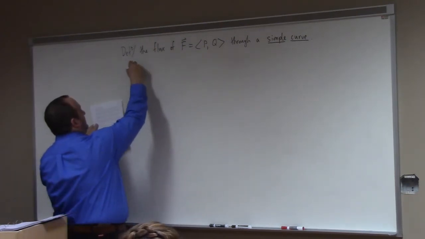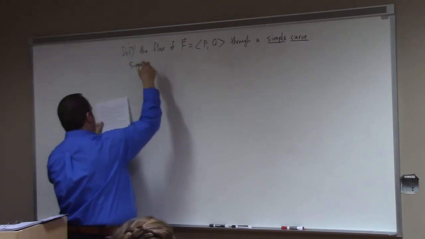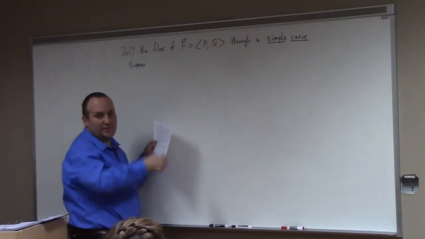So suppose, for example, a circle is a simple curve, a closed loop.